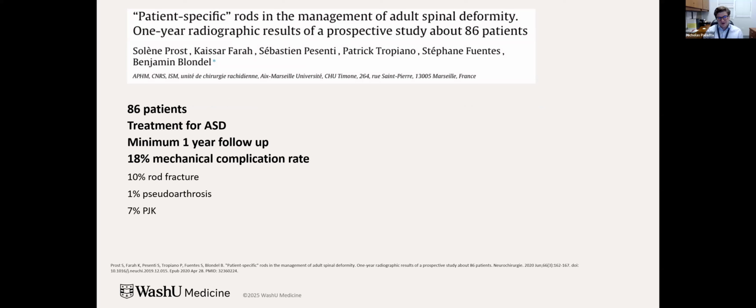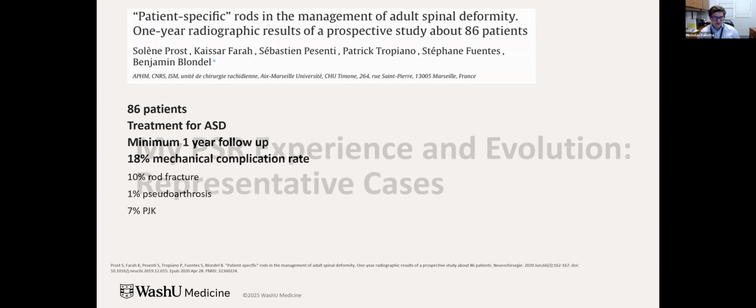The mechanical complication rate just after 1 year is 18%, with 10% rod fractures, 1% pseudoarthrosis, and 7% symptomatic proximal junctional kyphosis. You can imagine as time goes on, that percentage is just going to increase. I don't see that as being terribly different from the background of surgical treatment of adult spinal deformity.